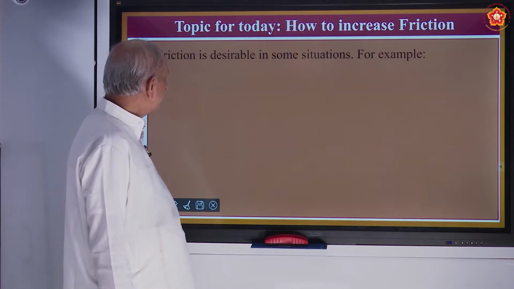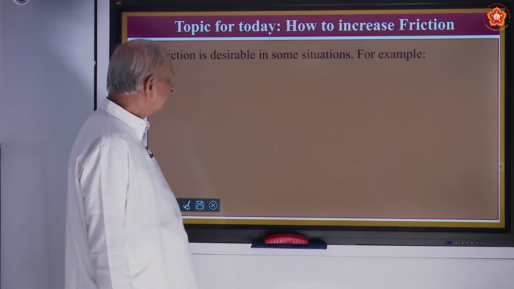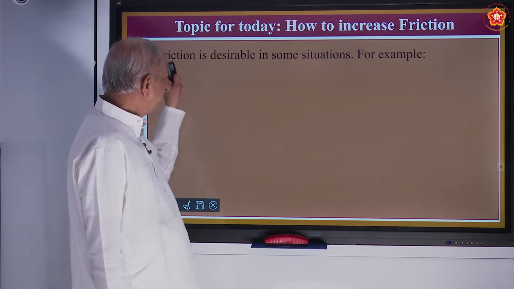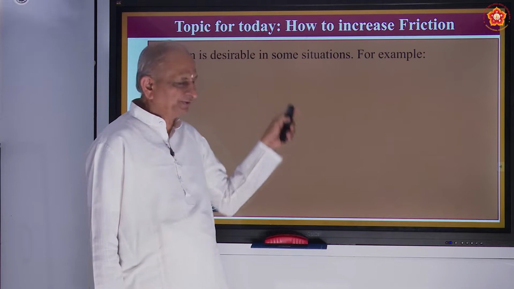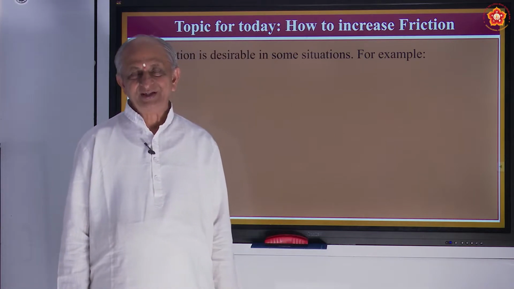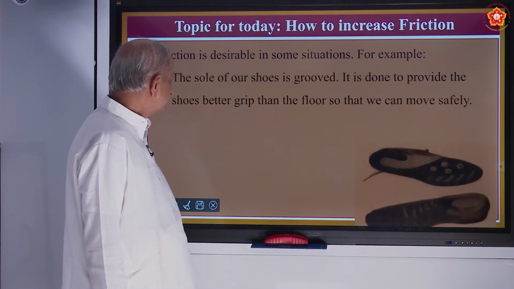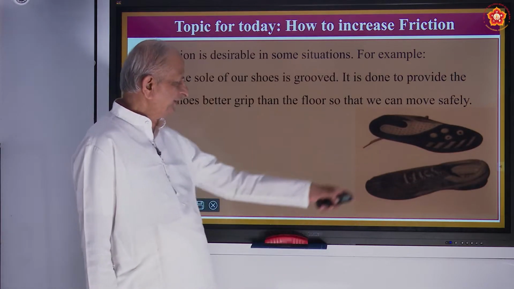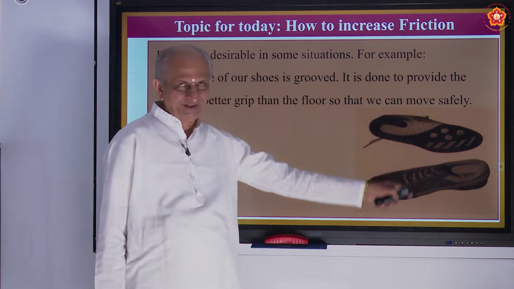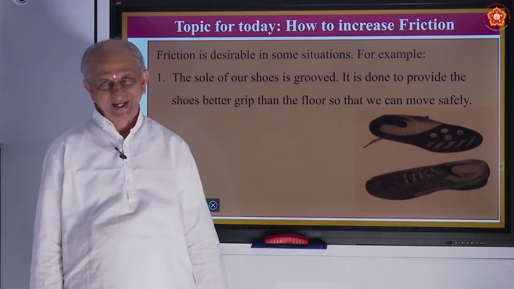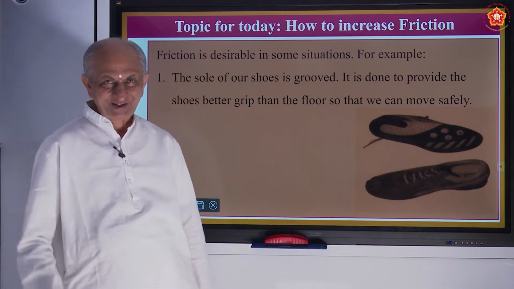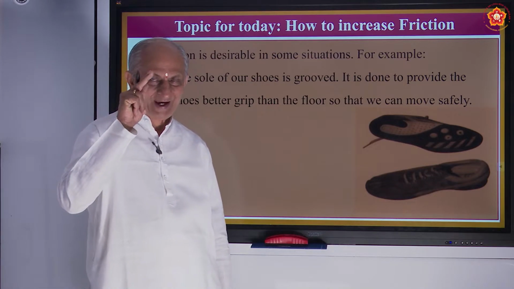Now we will pass on to today's topic. Friction is desirable in some situations. Means it is advantageous. It is helpful. See, what is it? This is shoes, a pair of shoes. You cannot have one shoe, there should be a pair of shoes.